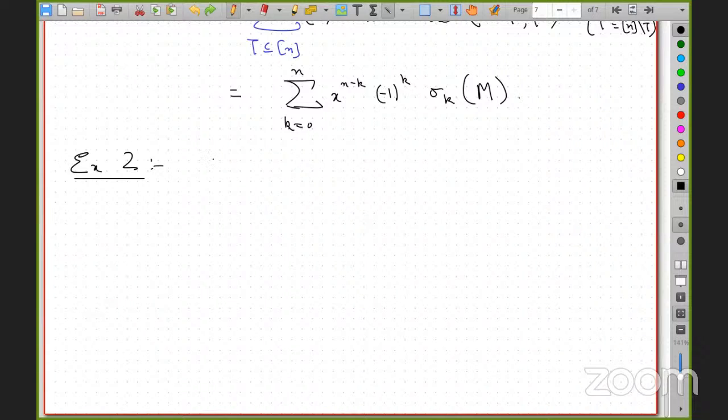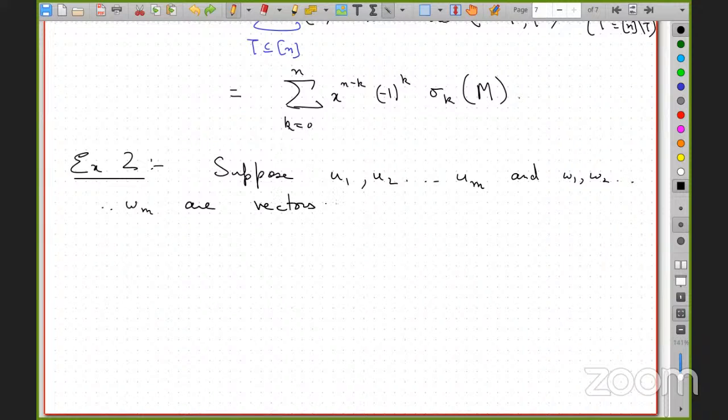Suppose that u1, u2, up to um, and w1, w2, up to wm are vectors in C to the n. All of them are in the same set, C to the n.